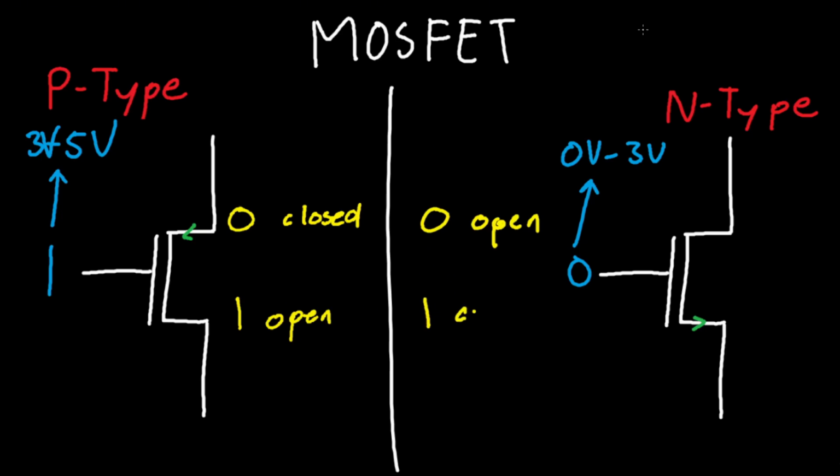And 1 would be a closed switch, which means that this N-type, when there is no voltage going through it, acts as an open switch. And when there is voltage going into the input right over here, then you would have a closed switch, which allows current to go through.